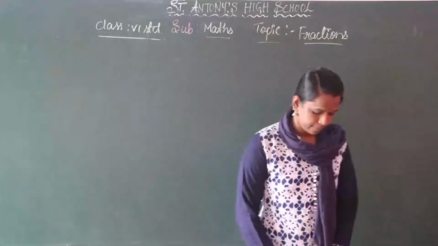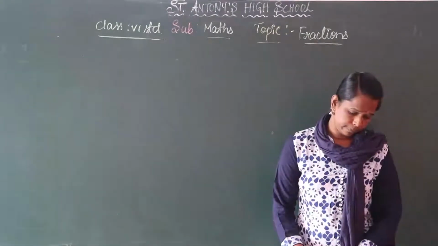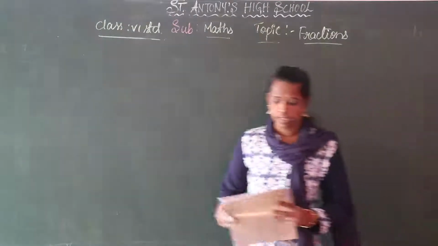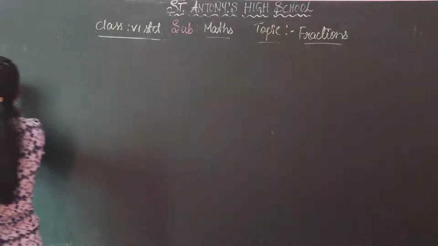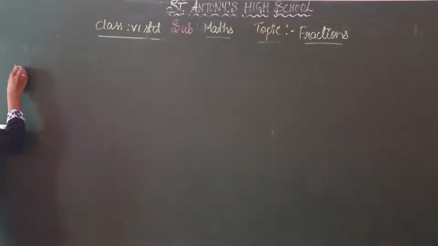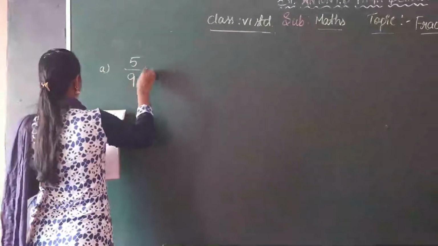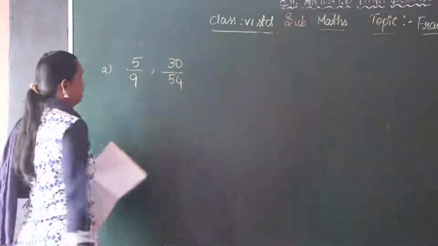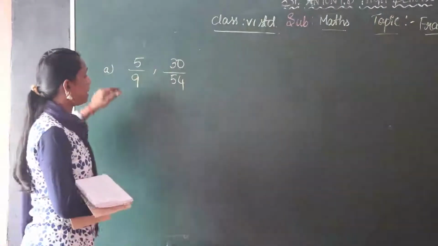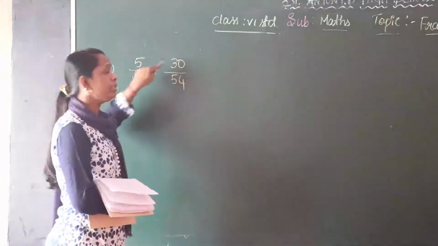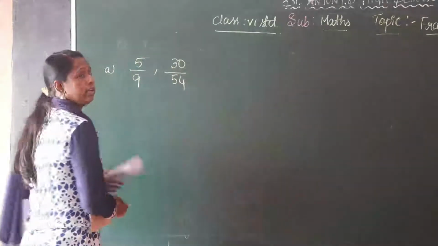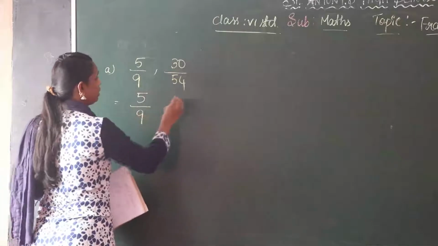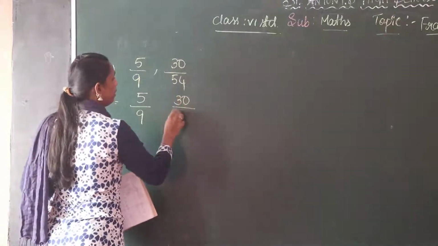First one: 5 by 9, 30 by 54. Read the fraction. 5 by 9, 30 by 54. So write down the given fractions first: 5 by 9, 30 by 54.